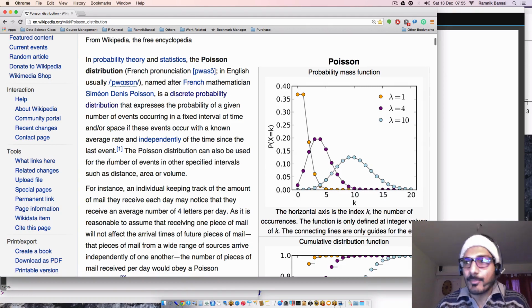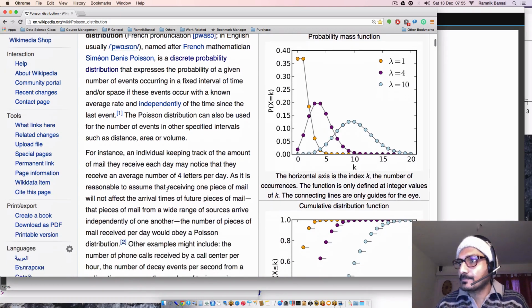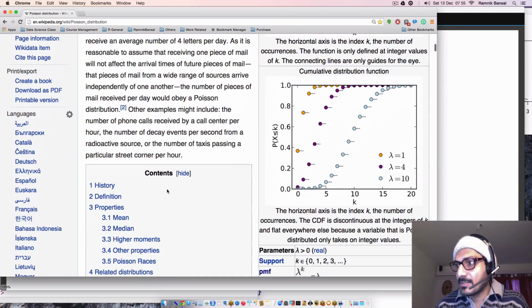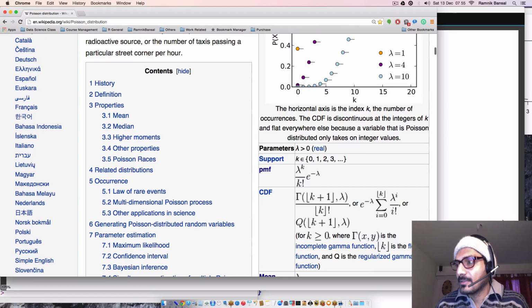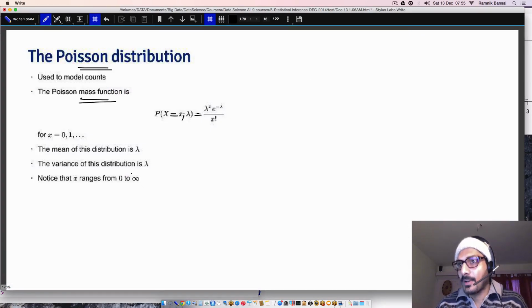So first thing is that the Poisson distribution is a discrete variable. It has the concept of lambda. I say Poisson distribution of x, where the value of lambda is this. So it has two values only, x and lambda.